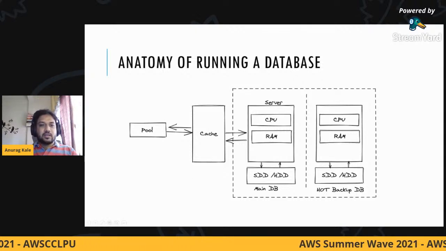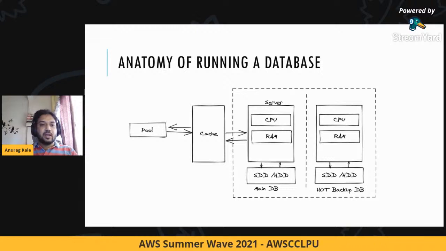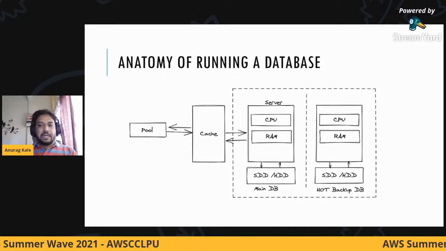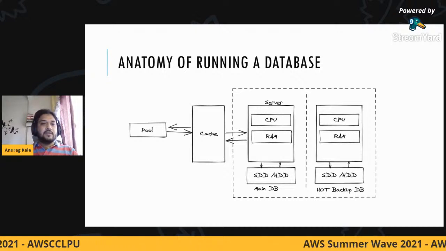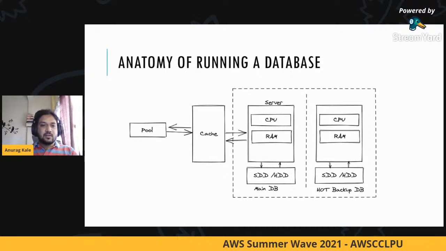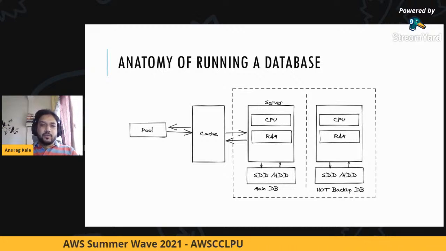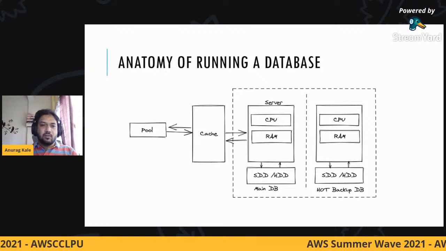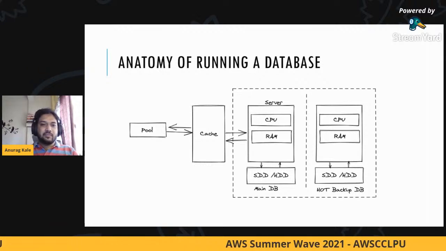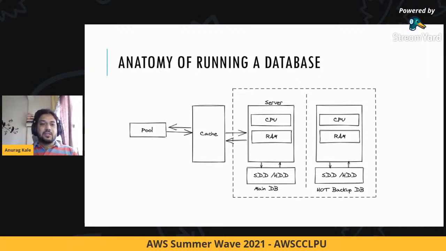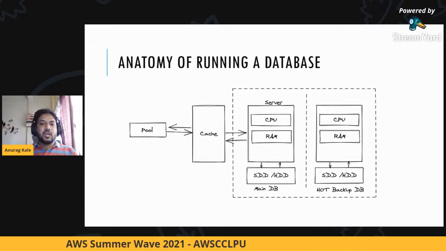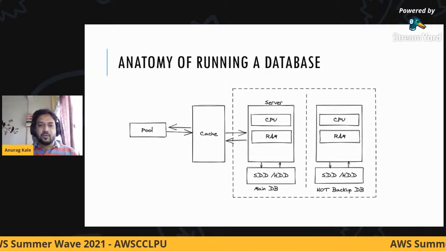This cache layer generally acts as a buffer between your main database and the request. In cache, you typically store data which is frequently accessed, which is frequently required by any kind of users. To give you some context, let's say when you open amazon.com, whatever page comes up is going to be common for each and every user who hits amazon.com.